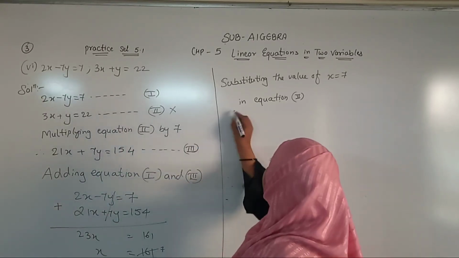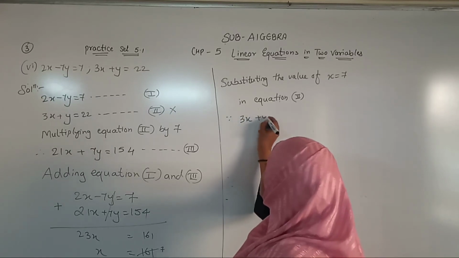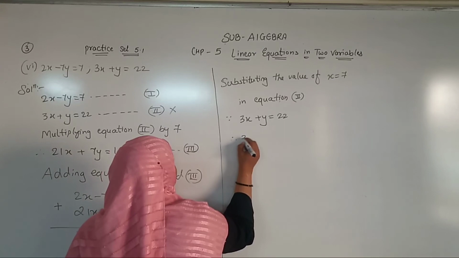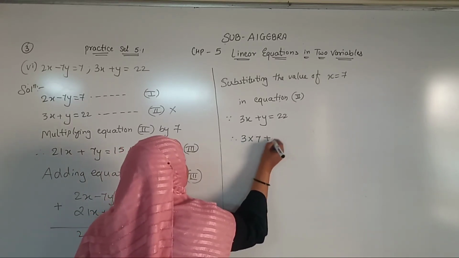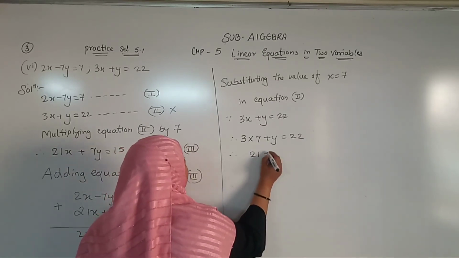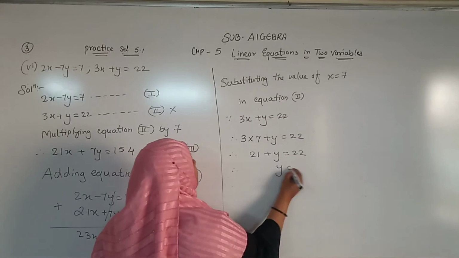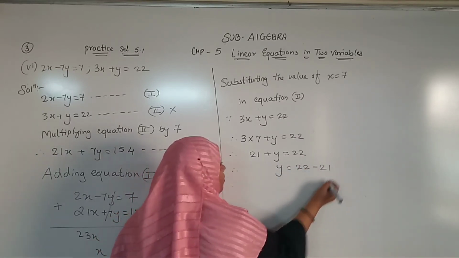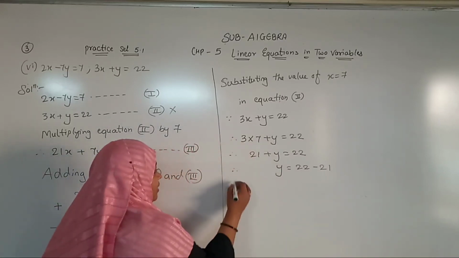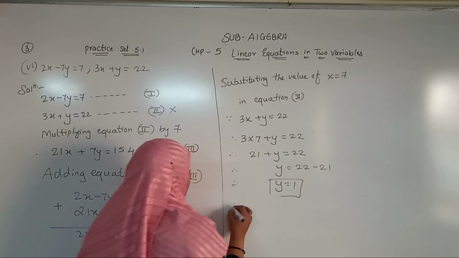Should I put in equation number 2? That is 3x plus y is equal to 22. So therefore 3 into 7 plus y equals 22. 3 7s are 21 plus y equals 22. What will I do? I will take the number to one side. So plus 21 became minus 21. So therefore y is equal to 1.